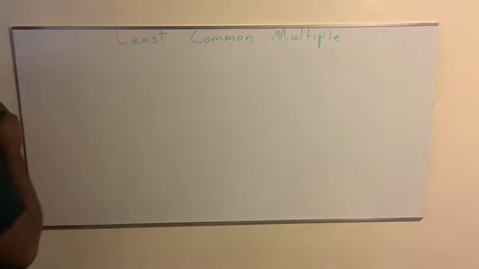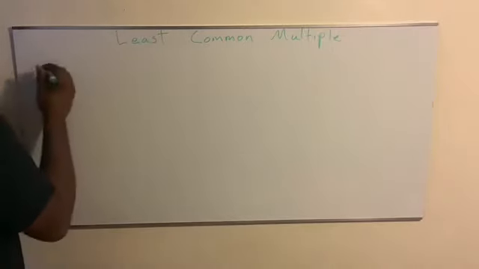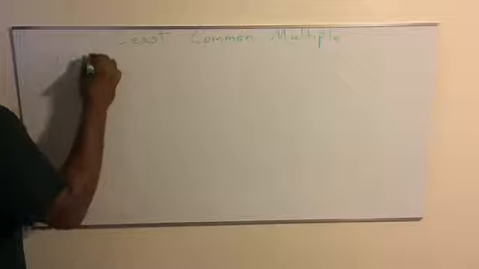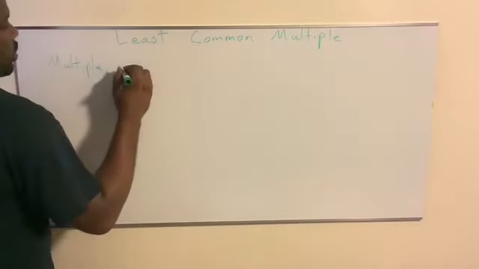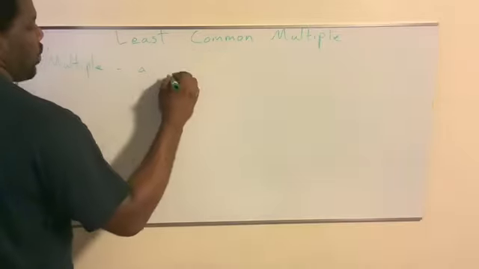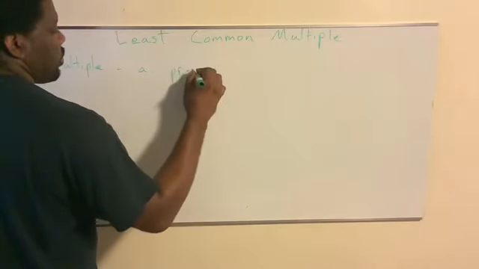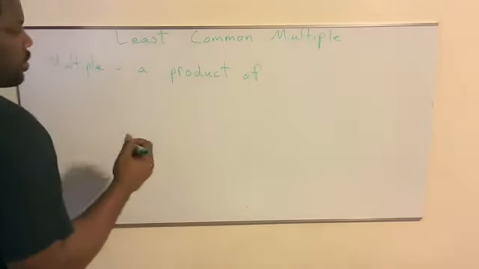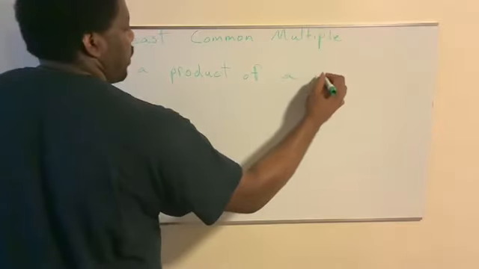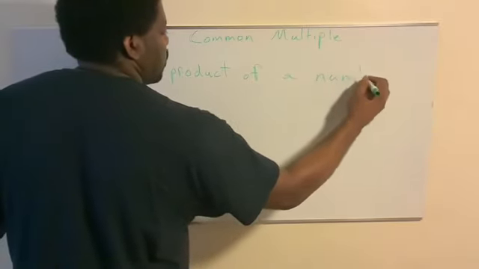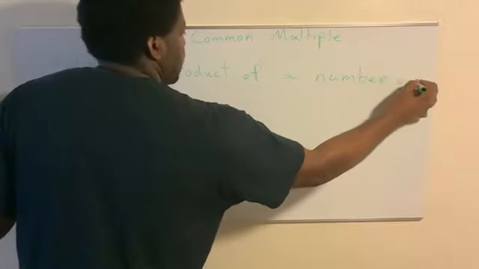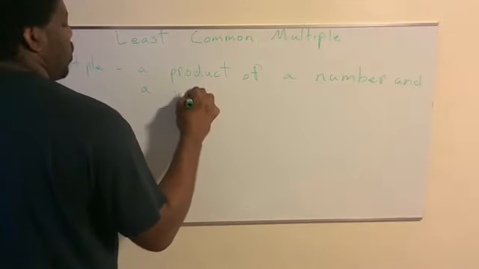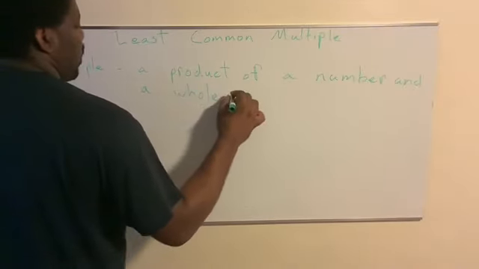Okay, now we're going to study least common multiple. Now a multiple is a product of a number and a whole number.